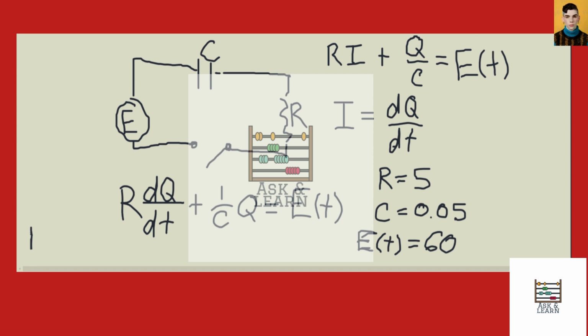So Ri plus Q over C is equal to E of t. But by definition, the current I is the same as the change in the charge with time, or dq dt. So we can substitute that into our equation to get R dq dt plus 1 over C times Q equals E of t.